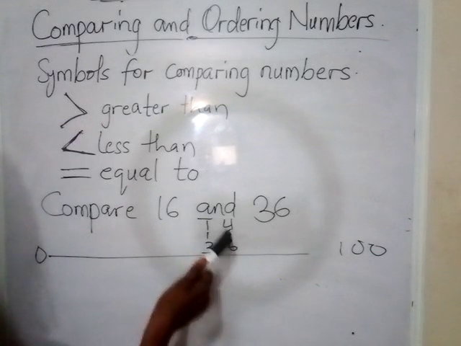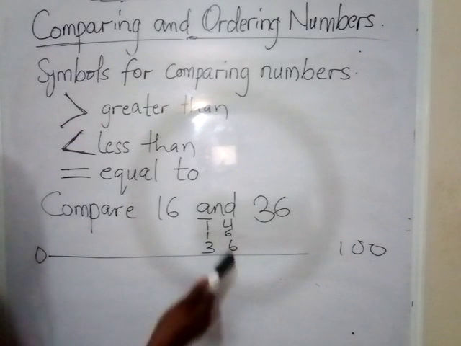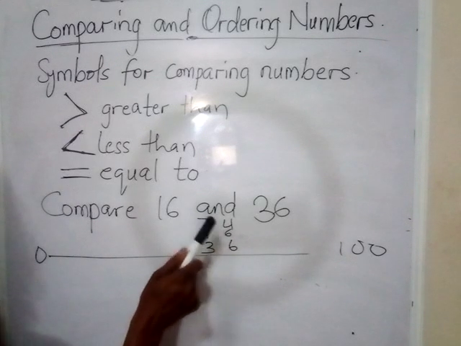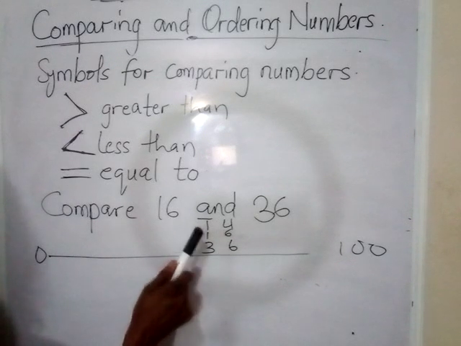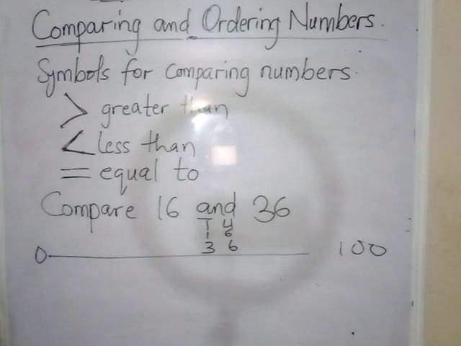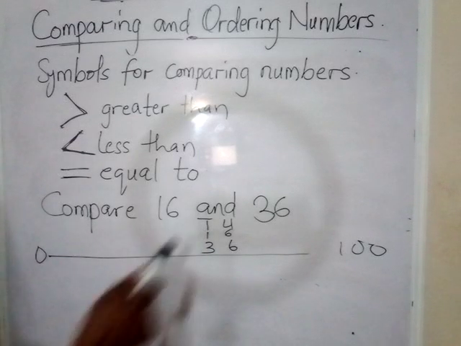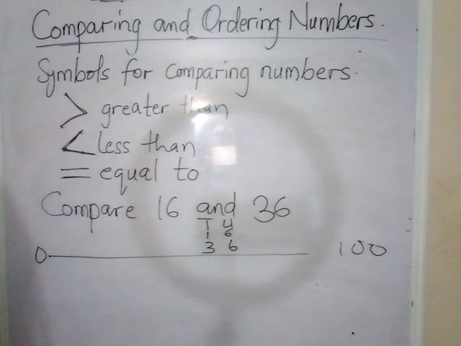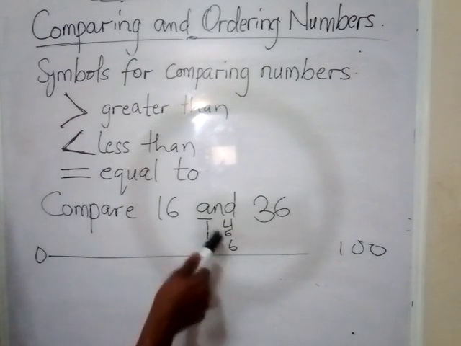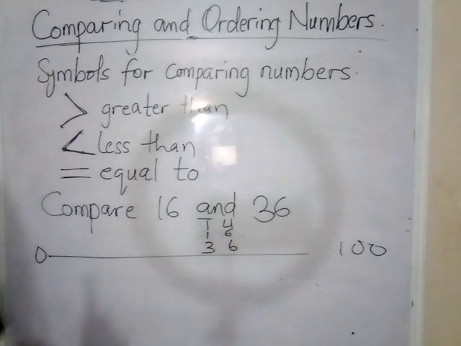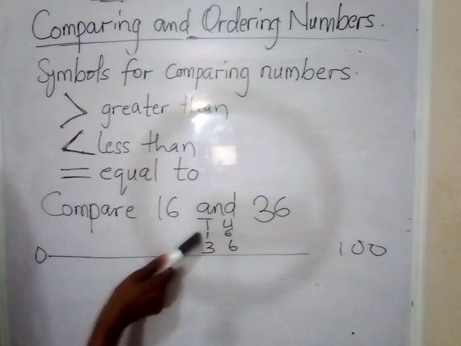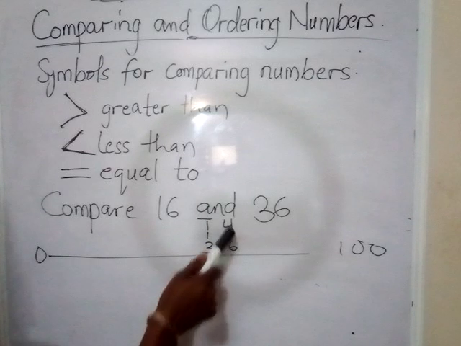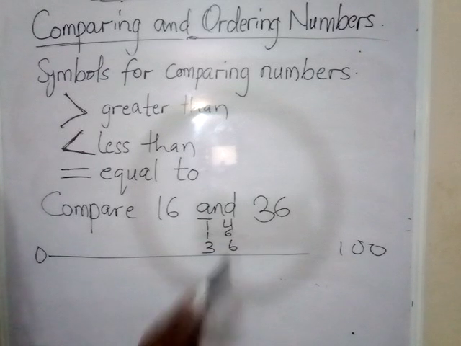So unit is just basic digits, it's the normal digit, but by the time you go to tens, whatever digit you have in the position of 10 is multiplied by 10. The actual value is got when you multiply that digit by 10. So let's consider the first number. Here the unit number is 6, the tens number is 1. Looking at the second number, the unit number or digit is also 6.